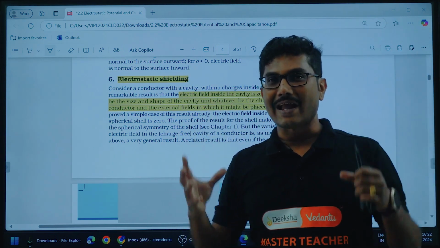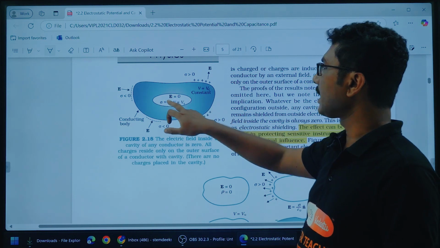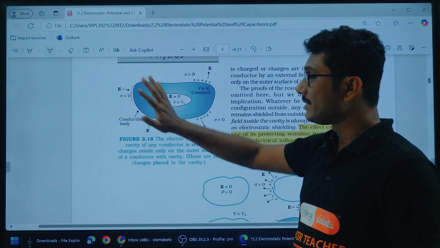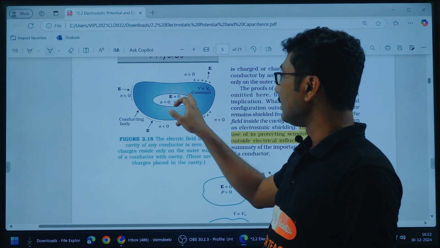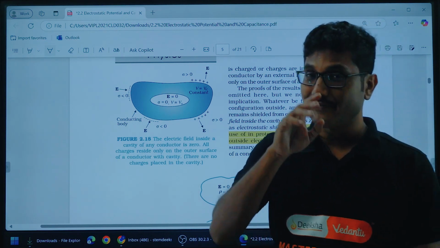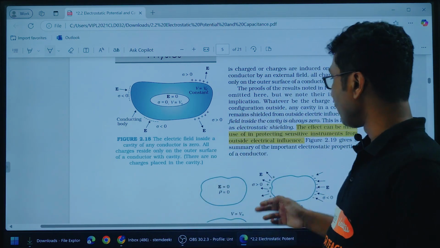So, if you create a cavity, a hole, inside a conductor, no matter what the charges on the conductor, no matter what the variation of electric field outside the conductor, the electric field will always be 0 inside this cavity. That is a very, very important aspect, and it is used in various places.